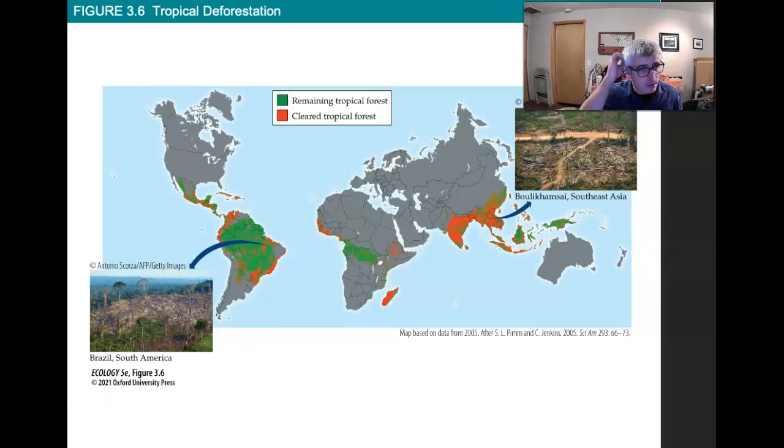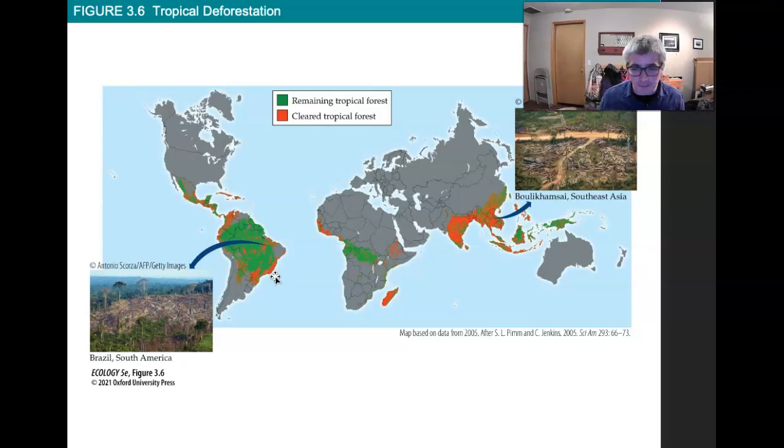And then the zones of tropical deforestation. This is one where they did me very few favors. Remaining tropical forest is green and cleared tropical forest is red. Yeah, I can see some red. So tropical forests are being cleared at an alarming rate, generally for the development of agriculture or pasture land for animals.